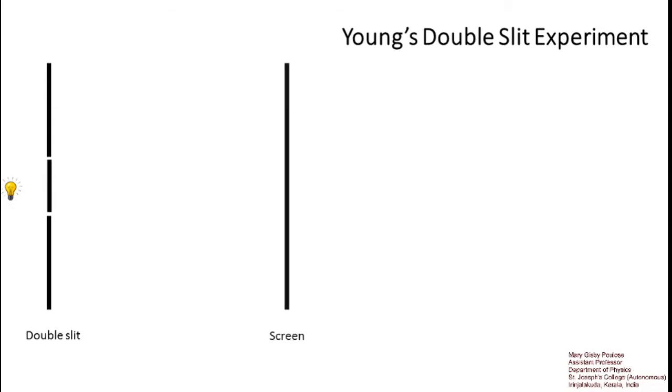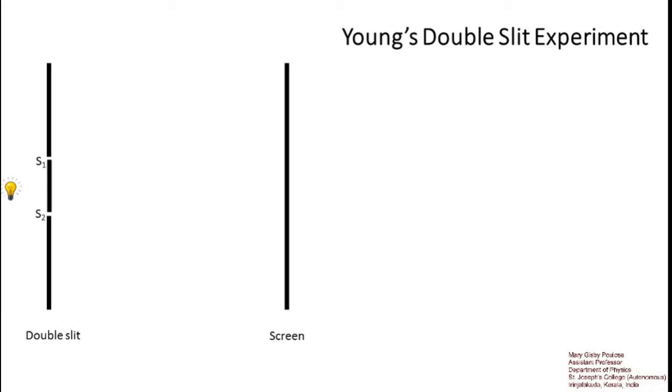Now let us do the mathematical derivation of how to interpret the interference pattern obtained from this experiment. For that, let us assume we have a monochromatic light source. It is kept in front of a double slit, and we have a screen placed farther away from the double slit.